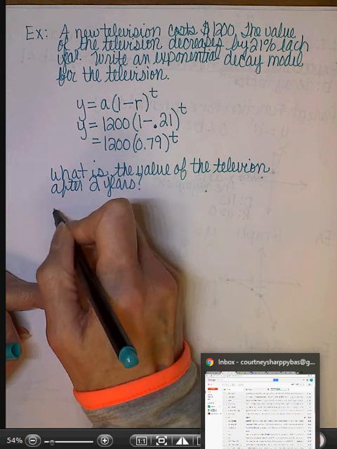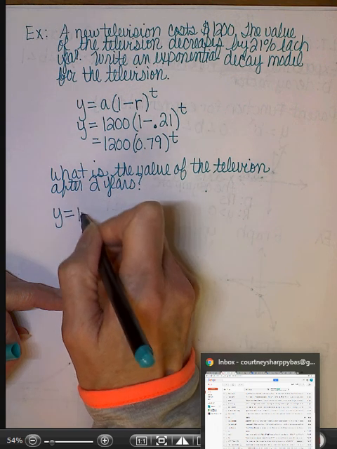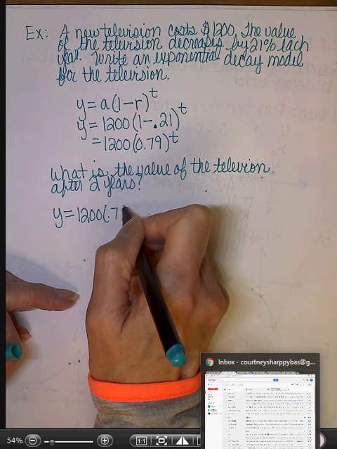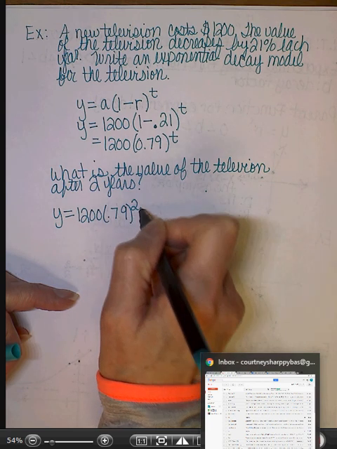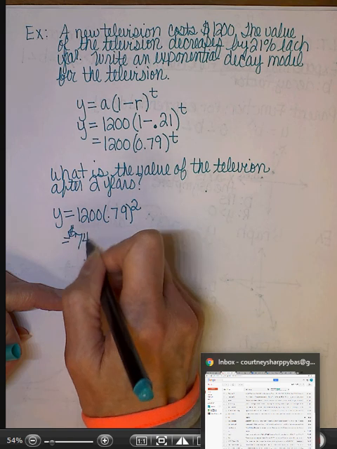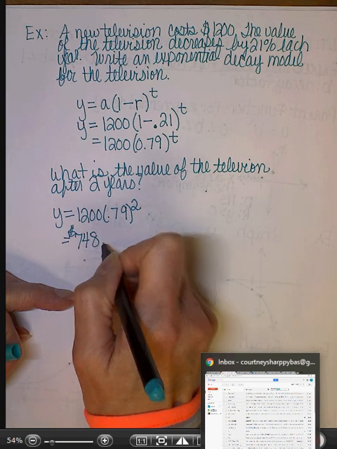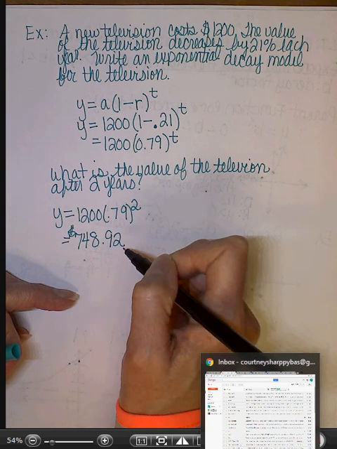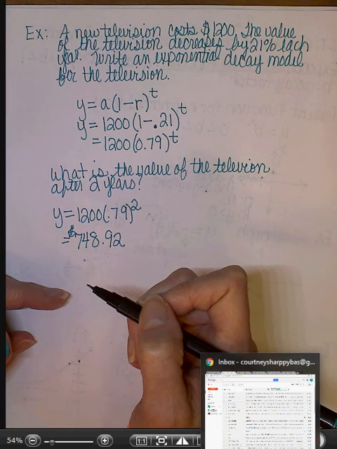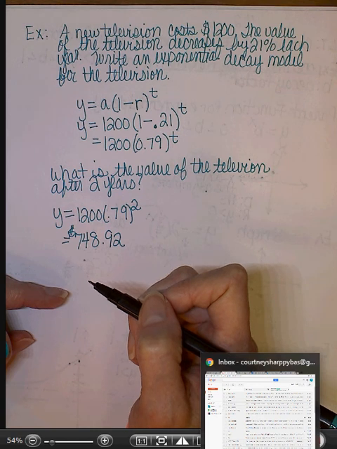Okay, so we'll just plug in 2 for our time, and we'll enter this in our calculator. And we're going to get $748.92. We would expect that value to decrease over time. All right, that's the end of 7.2.